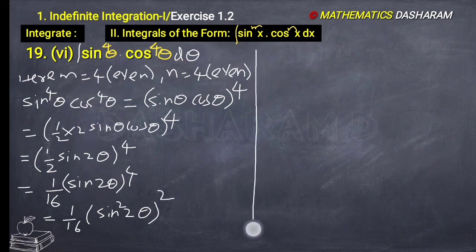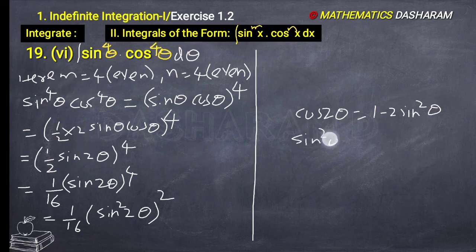So now we have one formula for cos 2 theta. What is that? 1 minus 2 sin square theta. From this, sin square theta equals 1 minus cos 2 theta divided by 2. But here, in place of theta we have 2 theta.